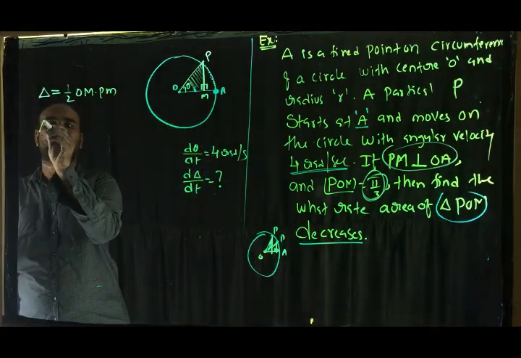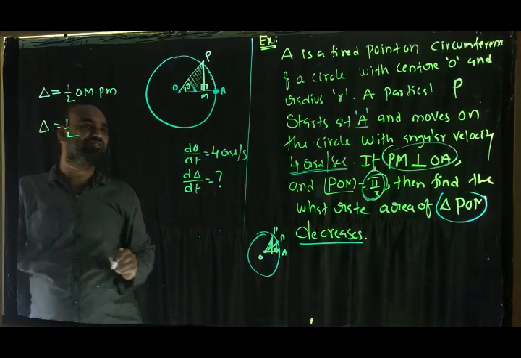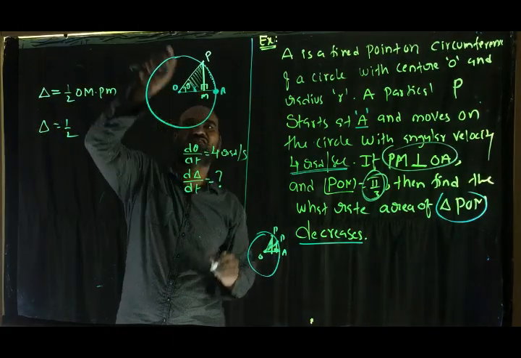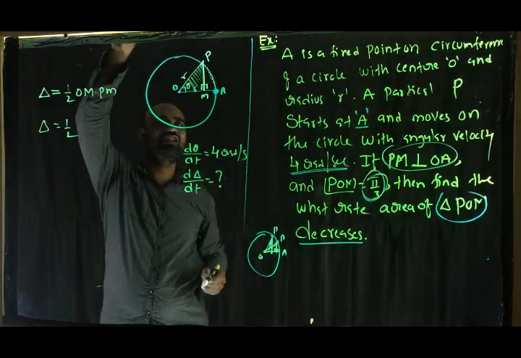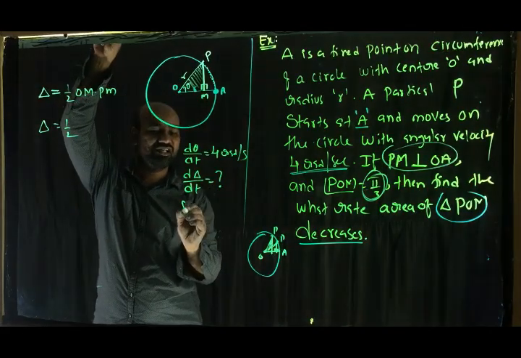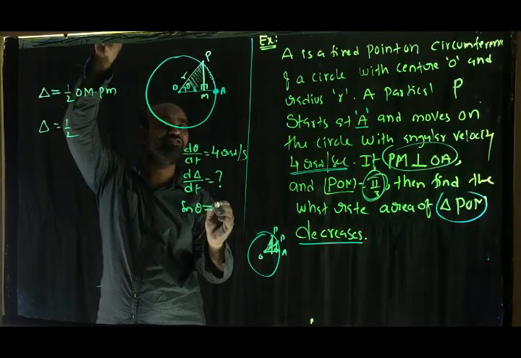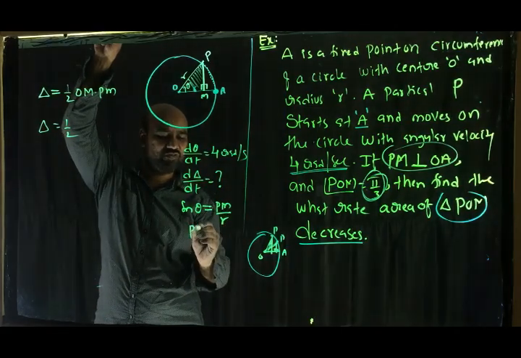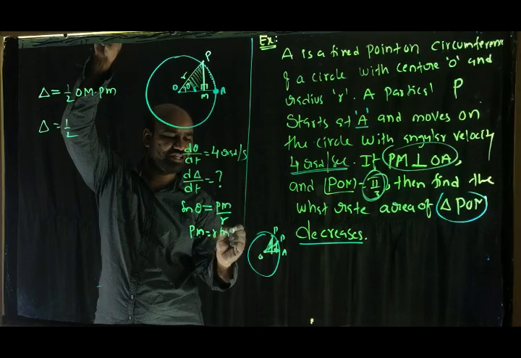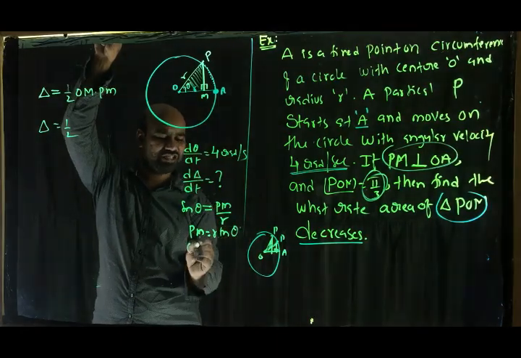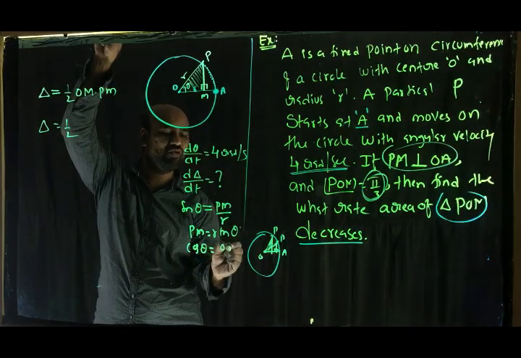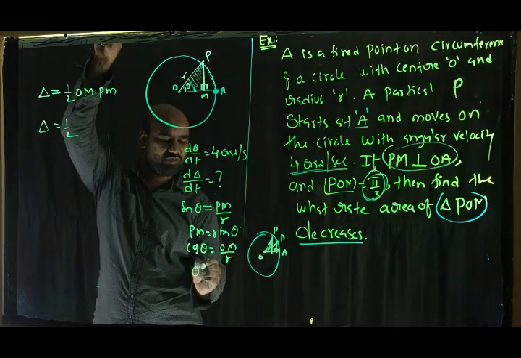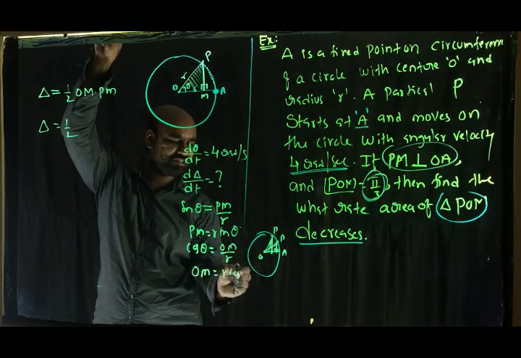This is a right angle triangle, and OP is r. So sin theta equals opposite side PM by hypotenuse r, so PM equals r sin theta. Similarly cos theta equals OM by r, or OM equals r cos theta.